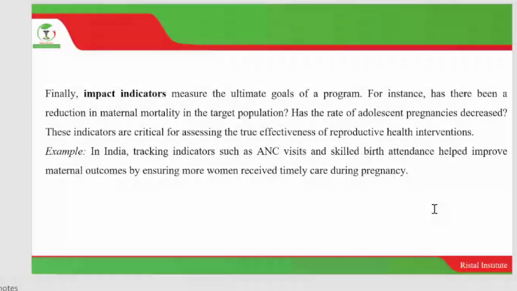The indicators help you track that there is timely care. For example, if you start tracking how many women are coming for this number of visits, you will ultimately know that some are not coming, and therefore your service intervention is not effective, and you need to go back to the drawing board.